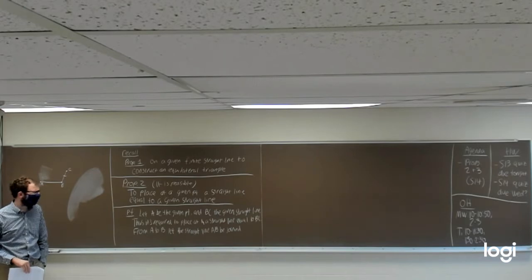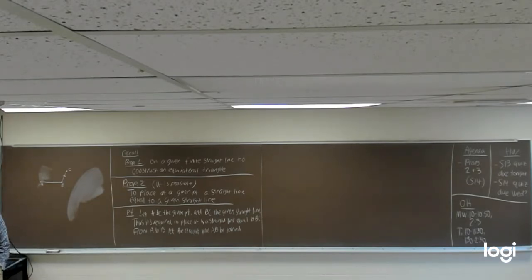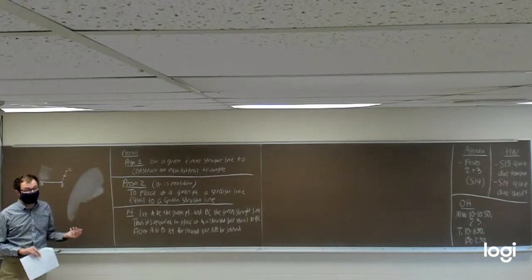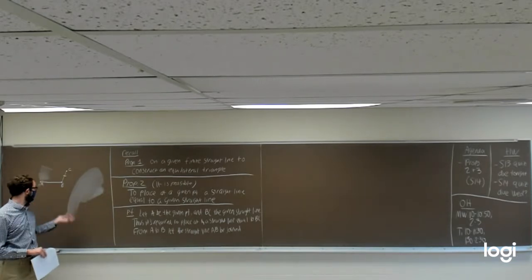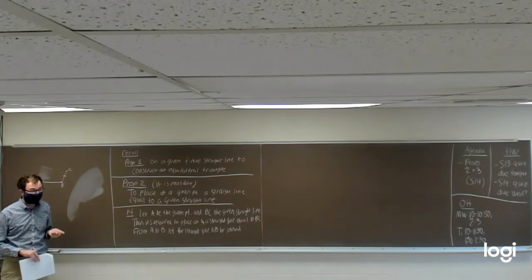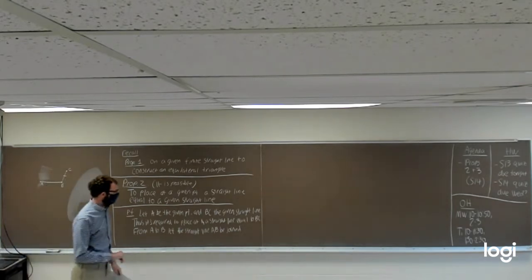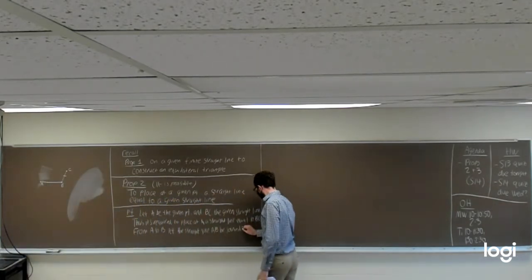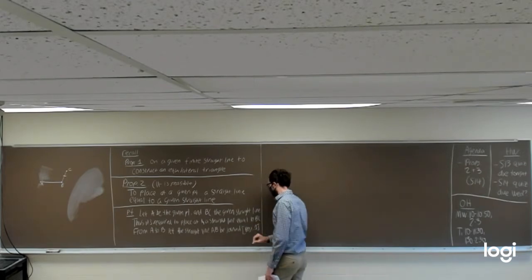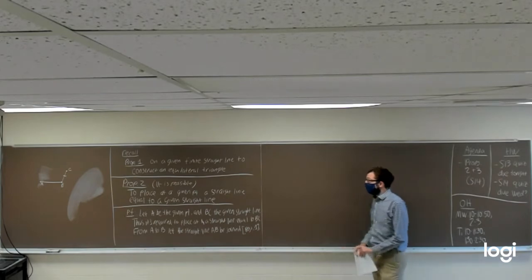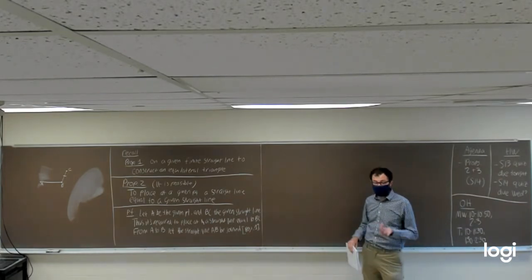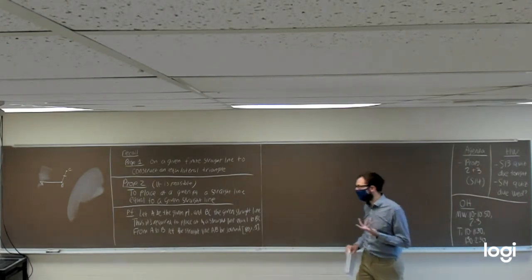What's letting us draw that straight line? Which building block tells us we're able to join 2 points like this with a straight line? It's going to be postulate 1. I'm going to go ahead and cite that here. So, have a straight line from point A to the point B.